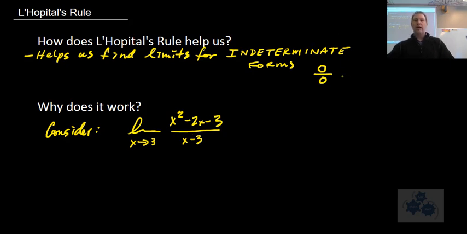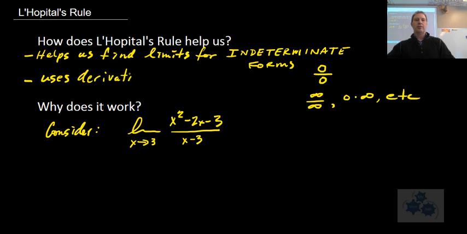Other forms too, like infinity divided by infinity, or 0 times infinity, etc. When we run into big problems like this, we can often use L'Hopital's rule to help us determine this. L'Hopital uses the concept of the derivative to determine these limits.